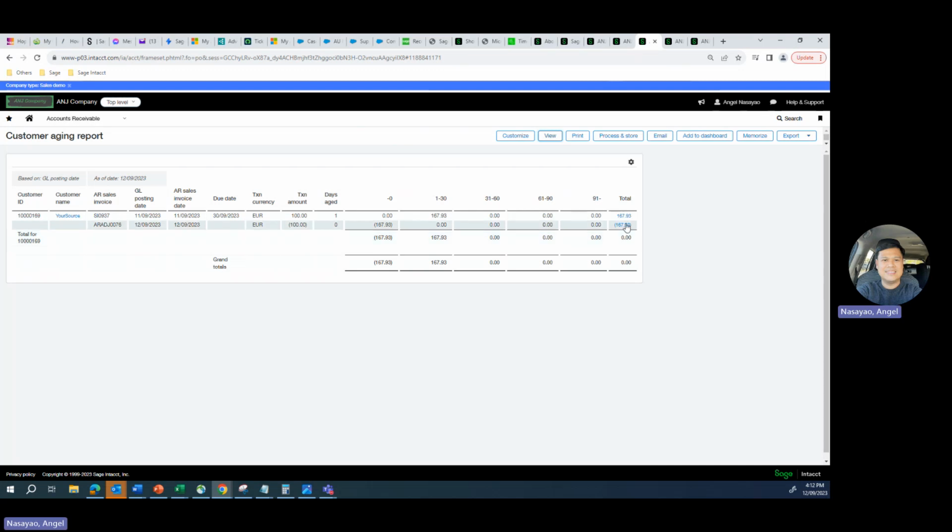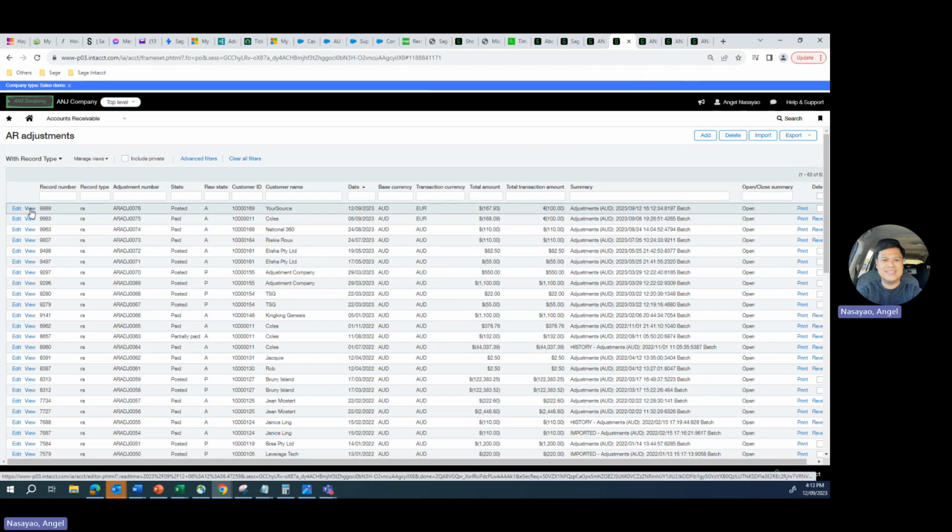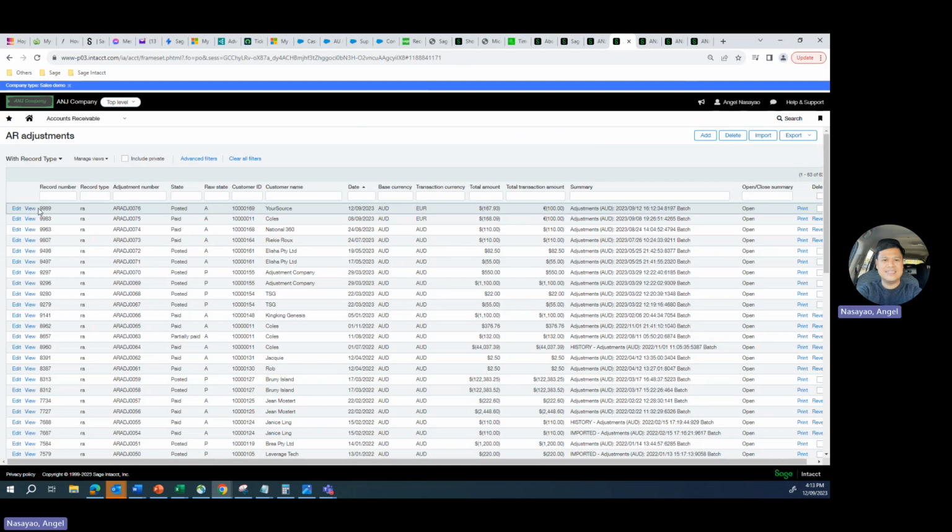So maybe that's one thing that you can check, the exchange rate. You might as well just make the exchange rate similar to the original invoice.